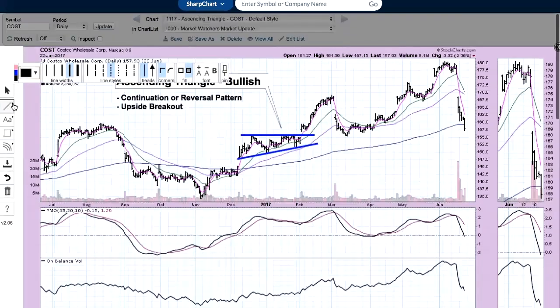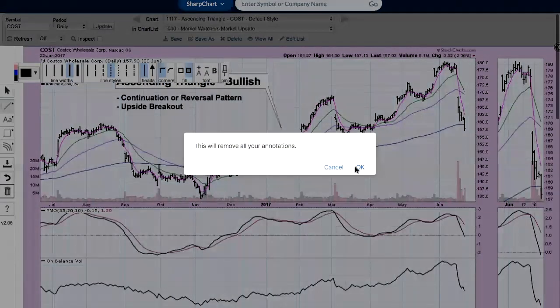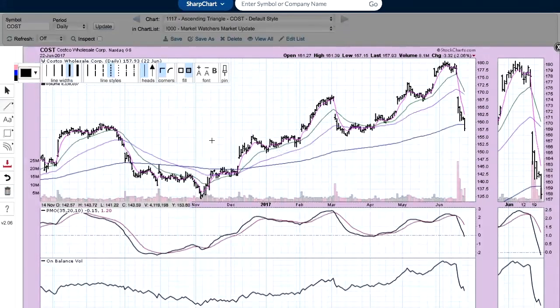Alrighty. I'm going to trash all of these annotations so we can look at it fresh. All right, remember, this is where we saw the pattern. There's the ascending triangle pattern. I'll quickly mark that, but we're going to use the skinny line.